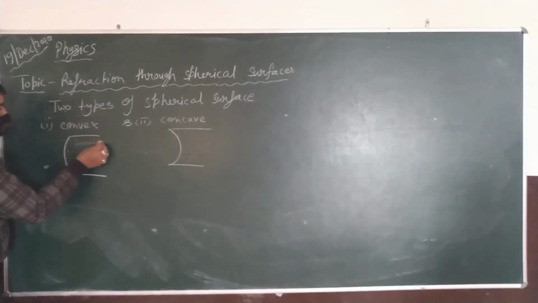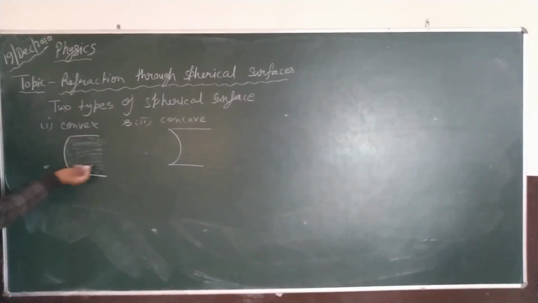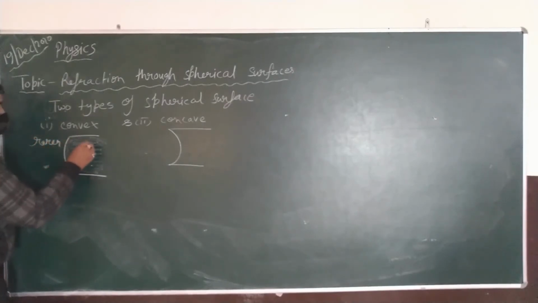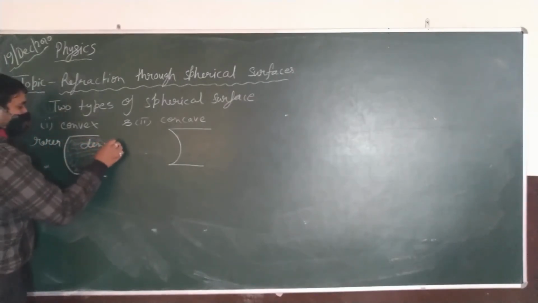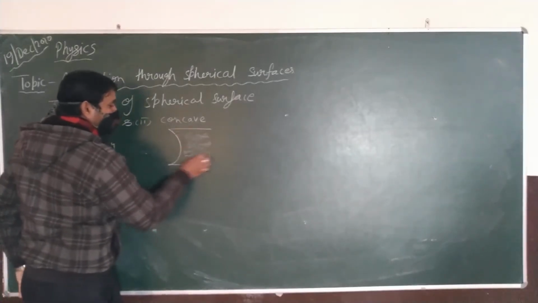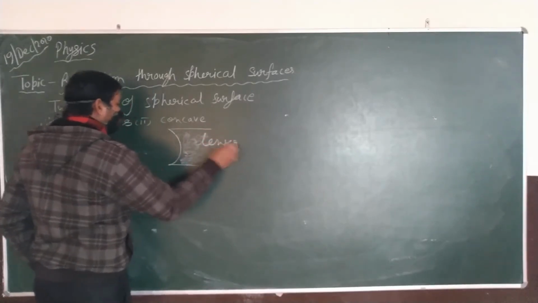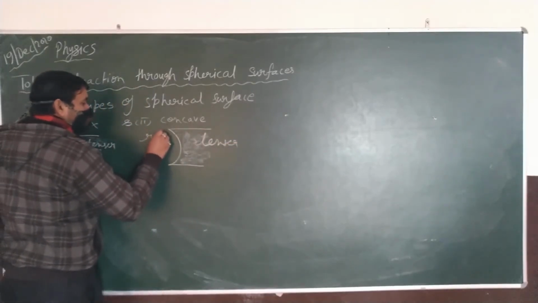After the spherical surface, the medium is denser and before is lighter. Similarly here, after the concave spherical surface, this is denser medium and this is rarer medium.